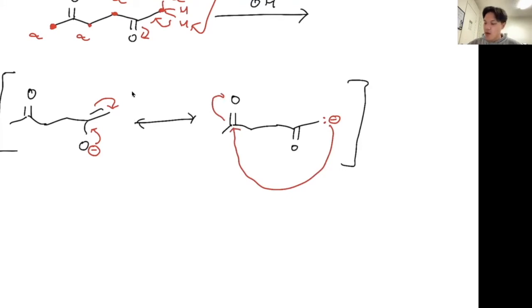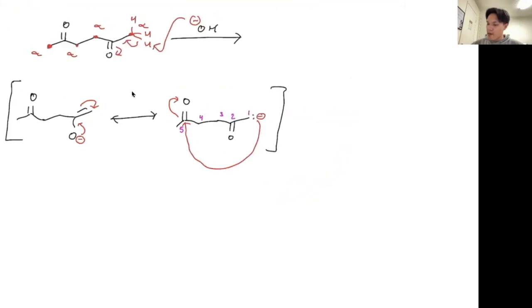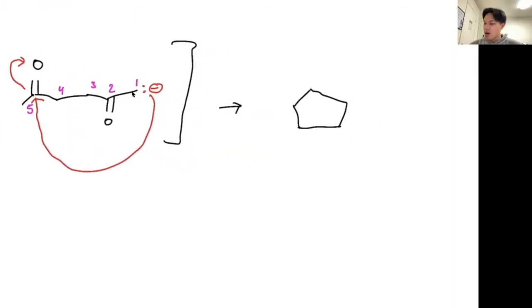So let's see, how do we make this ring? I think this is the hardest or like one of the most difficult patterns to see. So let's just number our carbons, right? This carbon is attacking, so we're going to call this 1, 2, 3, 4, and then this carbon over here is 5, where it's attacking, right? So let's just make a 5-membered ring first, right? And then let's number our 5-membered ring.